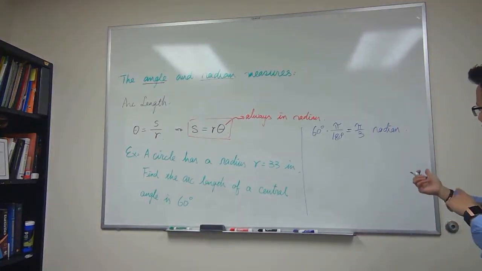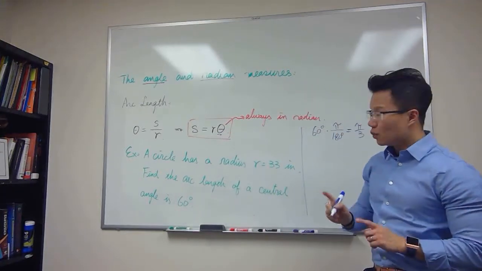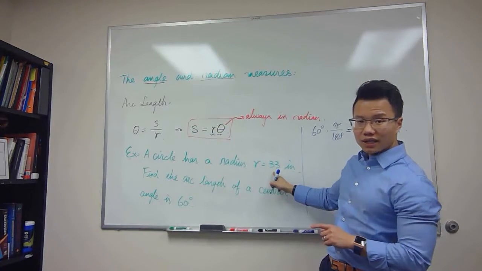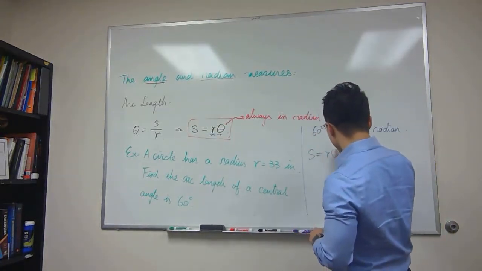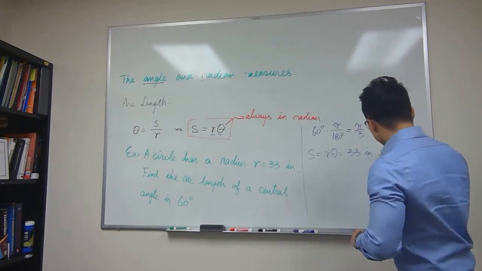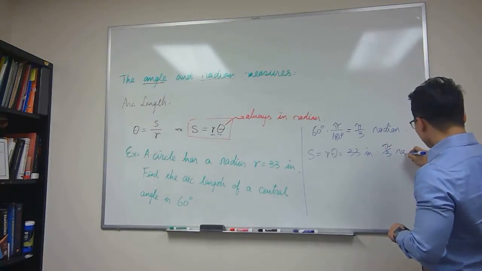Okay, so after we have the radian, we have this part right here. And what we need is the radius, which is right here. So now we can start using our formula by writing 33 inches multiplied by pi over 3 radians.